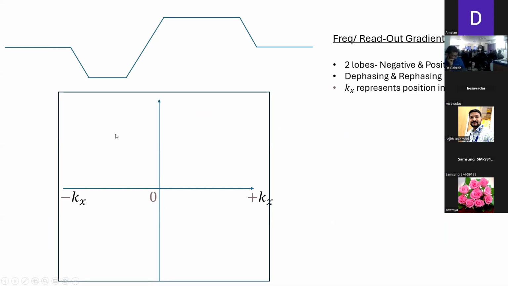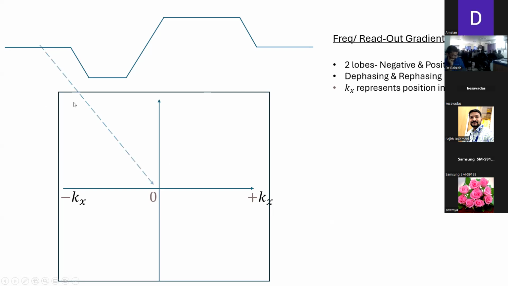If you look at k-space, it has frequency and position information. This kx represents the position in k-space. If you don't apply the gradient, the position of kx will be 0.